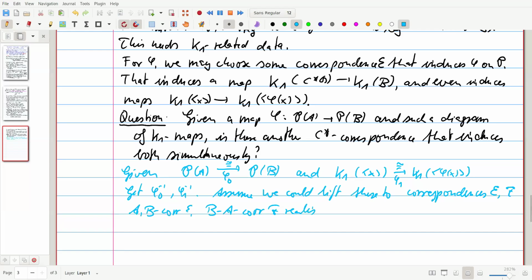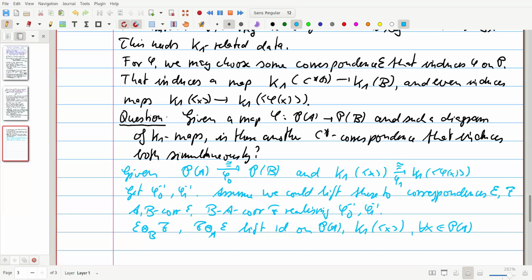So you want phi 0 inverse and phi 1 inverse. If you could do that, you could also compose these correspondences, which would mean that you take E tensor over B with F, and F tensor over A with E. And these now lift the identity on P of A and on K1 of all ideals, or on B similarly.